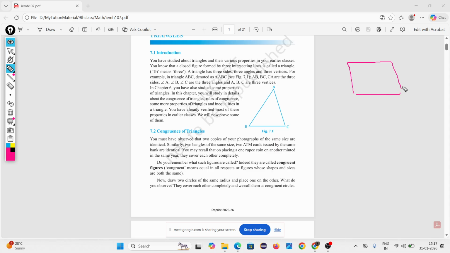That is base into height. Look at this diagram: this is the base, because you are taking this perpendicular height, and the side on which the perpendicular is drawn is called the base. Leave that, that is a different thing.